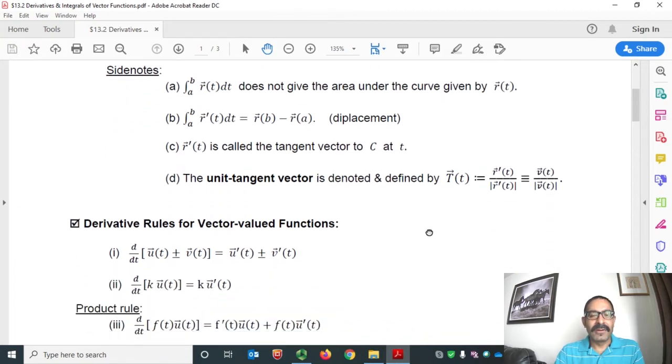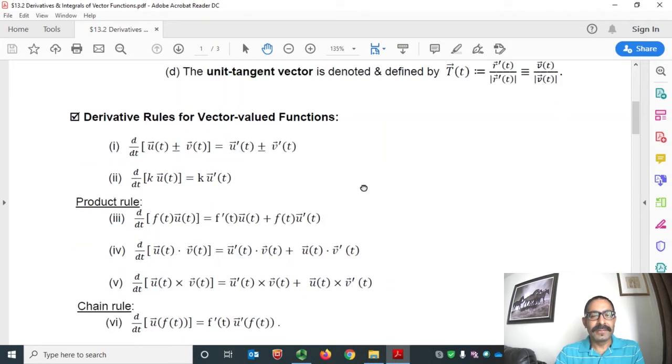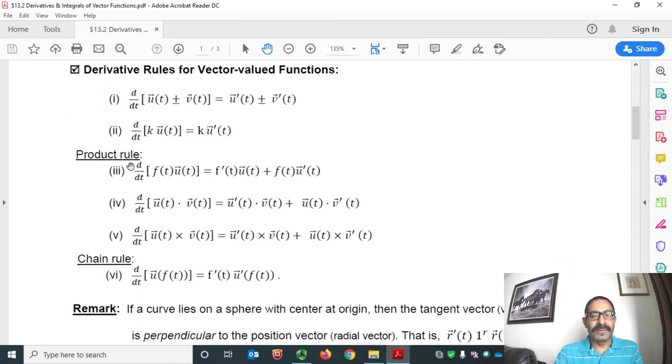Awesome. Now the derivative rules for vector valued functions: the derivative of a sum or difference equals the sum or difference of the derivatives. The derivative of a constant times a vector function equals the constant times the derivative of the vector function, since you can pull the constant outside. Product rule: here f(t) is a scalar function and u(t) is a vector function, so we use the product rule.